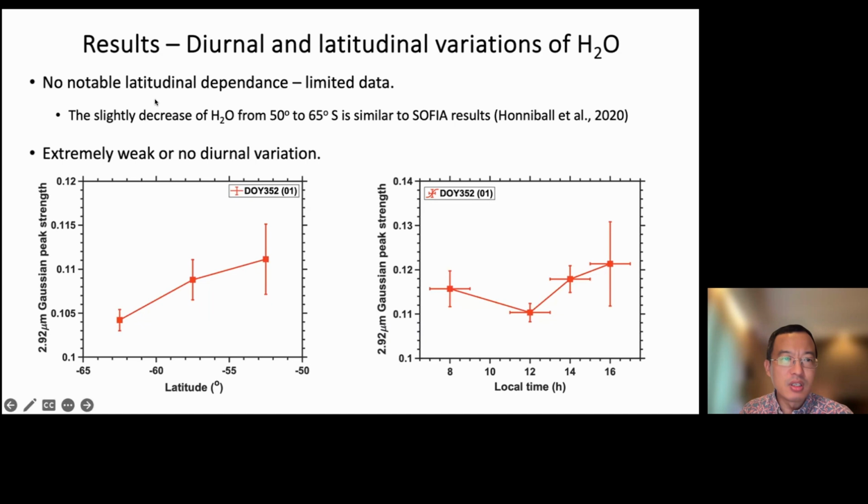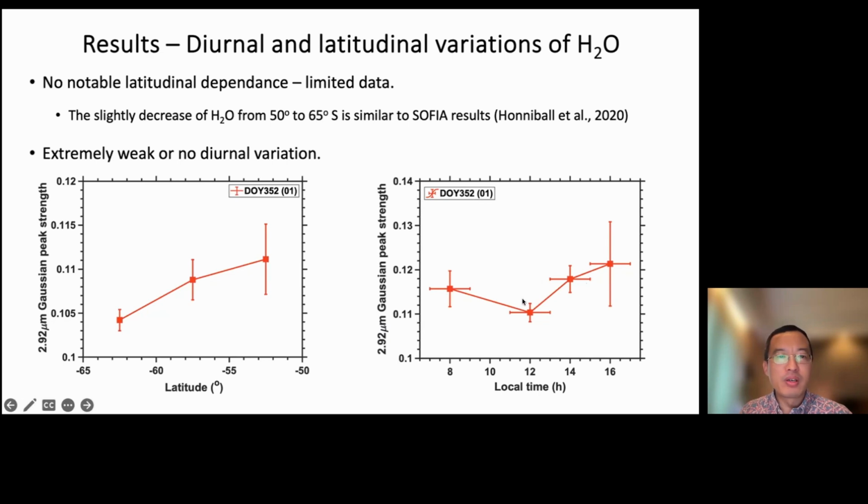So we don't see notable latitude dependence, but this is very limited data. You can see this is only from south latitude 50 to 65. There's a slight decrease from 50 to 65. It's interesting, if you recall in the first slide, I showed that SOFIA data also showed a slight decrease, but this is very weak and very limited data.